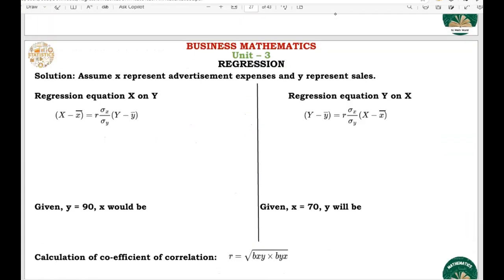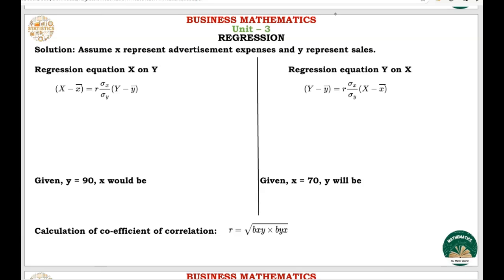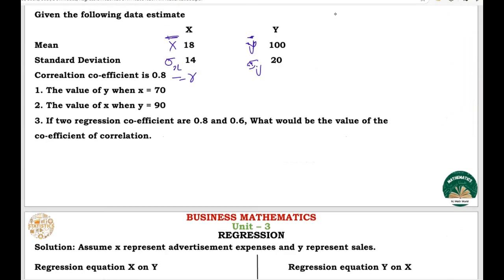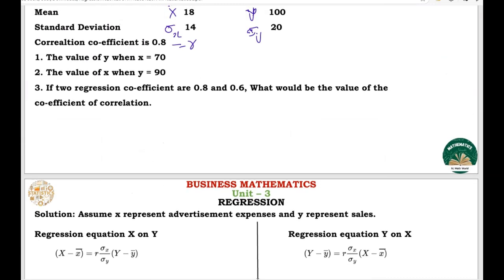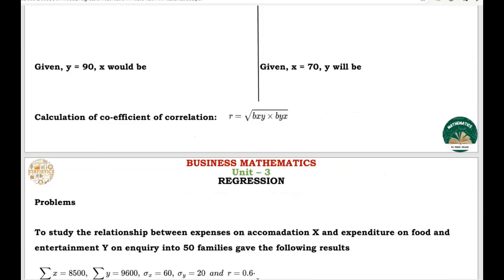I have given you the formula; substitute the values and get it. And after finding this x and y, you should substitute here: r equals bxy into byx. Substitute the answers you get. They have given the values here, bxy and byx, that is 0.8 and 0.6. Substitute that and get the answer.